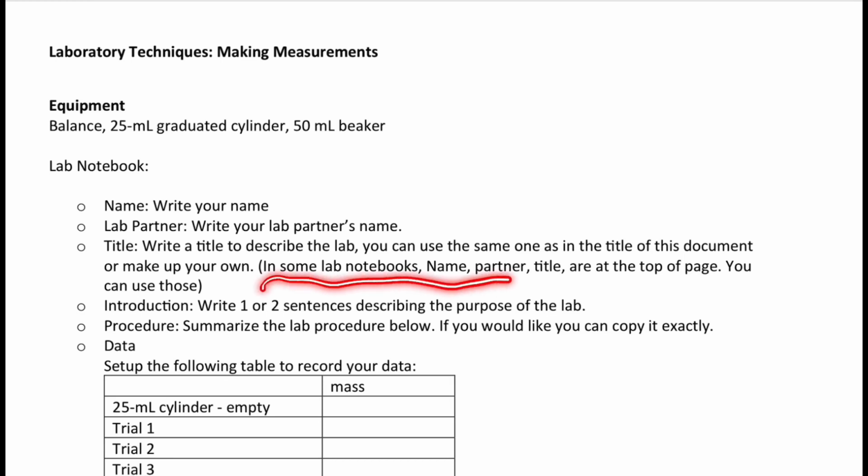And then this little note here says that in some lab notebooks, at the very top of your paper, it'll have a blank spot for name, partner, and title. So you could just fill in right there, or you could write this information out in the actual body of the paper.